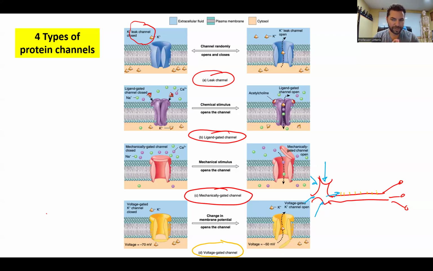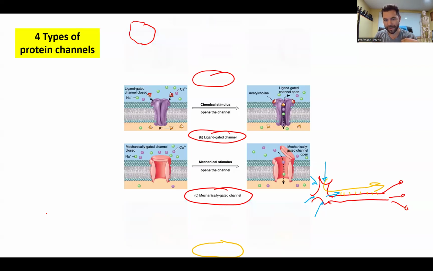That's where those voltage-gated ion channels come into play, allowing that action potential to move along the length of the axon. Major difference, graded potentials versus action potentials. Action potentials are the entire thing that gets sent. Graded potentials are small changes in the blip of the membrane potential, usually near the cell body.